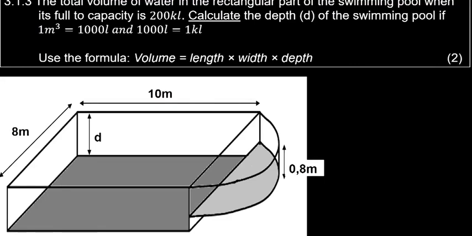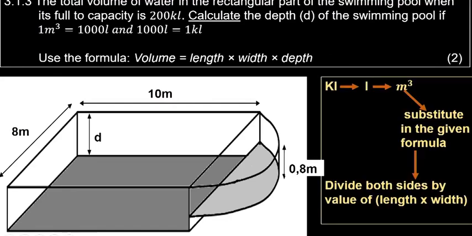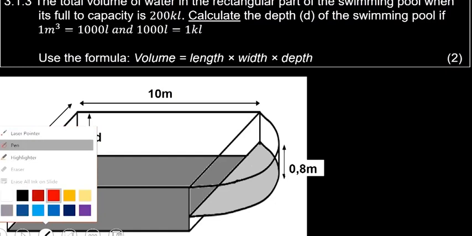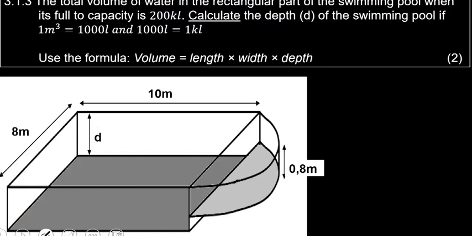Again, they can ask you this kind of a question. They say the total volume. So you are given the volume, and what are they asking you to find? They are given the volume of water in the rectangular part of the swimming pool when it is full to capacity. And what is that volume? Is 200 kiloliters.